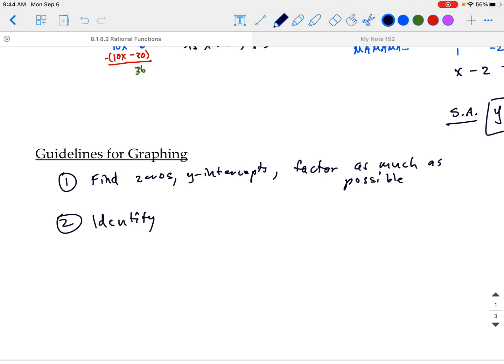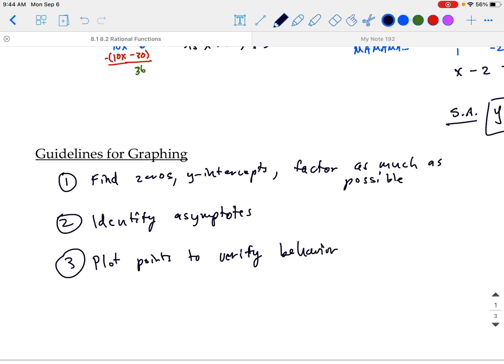Two, we'll identify asymptotes. And then three, we'll graph all of those points and maybe plot points to verify behavior, and check for symmetry.